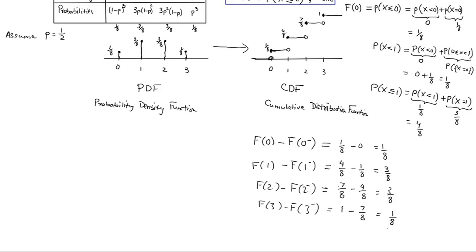Do they look familiar? These numbers on the right? Sir, these are the same values that we computed when we assumed p to be 1 over 2.